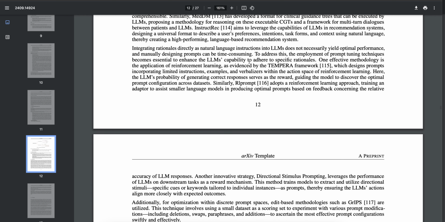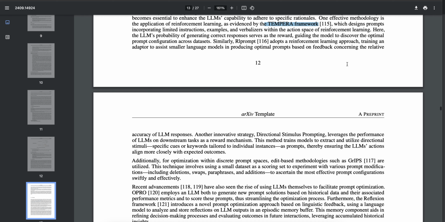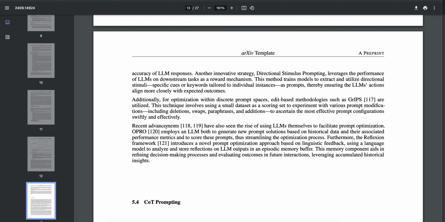Now for this you also have frameworks like the Tempera framework, which designs prompts incorporating limited instruction examples and verbalizers with the action space of reinforcement learning. So sounds cool, right? And similarly, for recent advancements that they have mentioned, you can go and read the papers. Then you also have prompt optimization, that is OPRO, that employs an LLM to generate new prompt solutions based on historical data and their associated performance metrics.